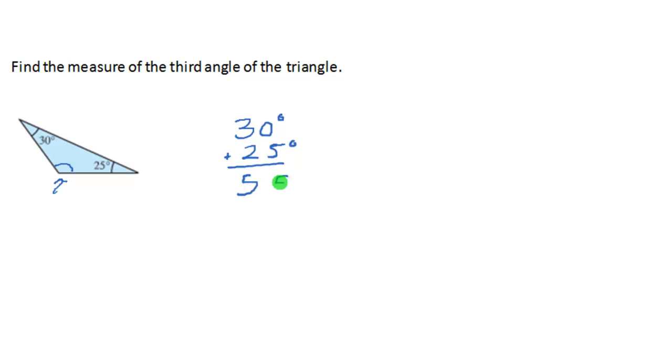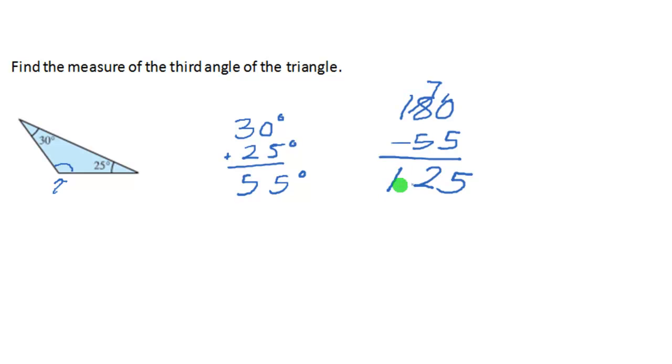So we're going to add up the two angles that we already have, the 30 and the 25. That gives us 55. If I take that and subtract it from 180 degrees, then we're going to get the measure of the angle that's missing. So our missing angle measures 125 degrees.